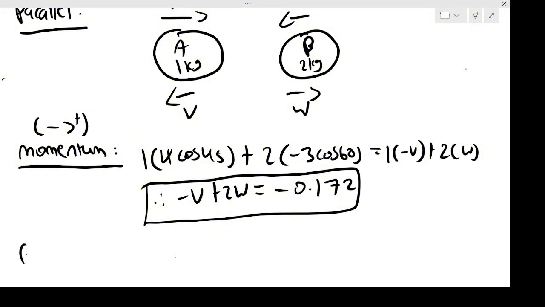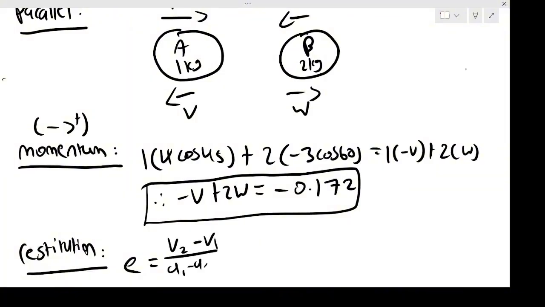We're also going to do restitution in the same way. So e, now the way I do it, and I've done many videos working at restitution from chapter 4, is v2 take away v1 over u1 take away u2. This formula makes it very safe, so there's no second guessing with anything.